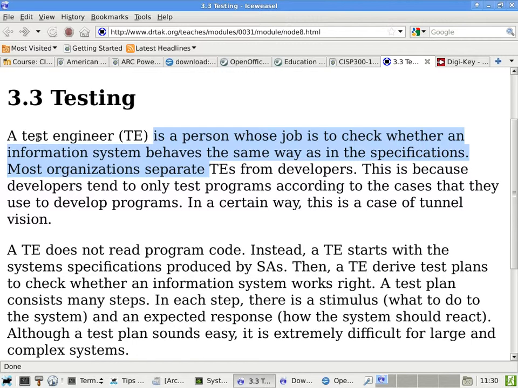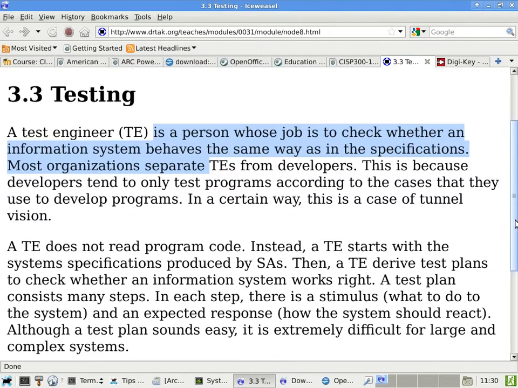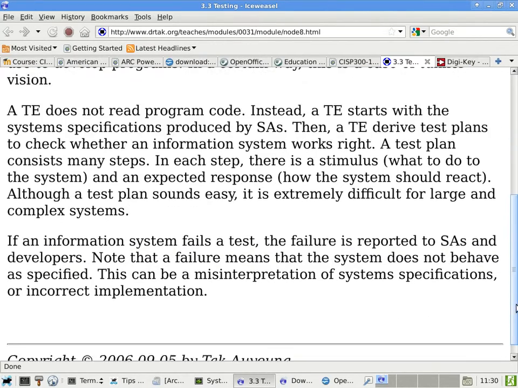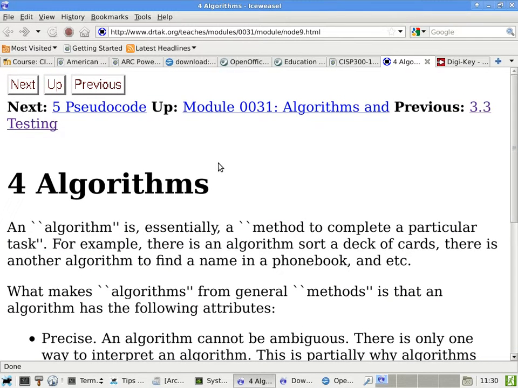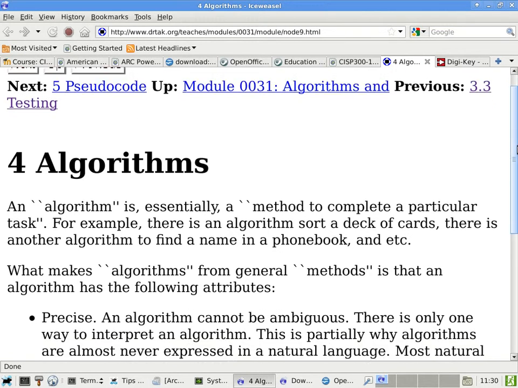They will not even look into the program itself. They will just test the program according to the description of how it is supposed to behave. So these are the different roles in software or system development that are useful to a developer. The developer is basically in the middle, actually writing the programs.